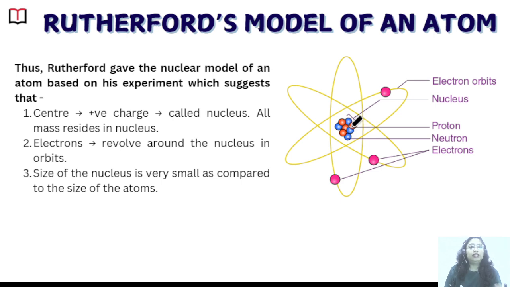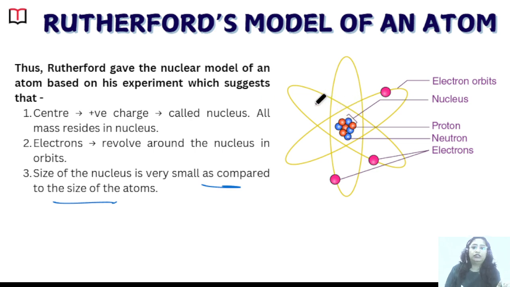It is called the nucleus and it is very small compared to the size of the atom. The atom is very big. Electrons are revolving around the nucleus in some orbits, and most of the space in the atom is empty space.